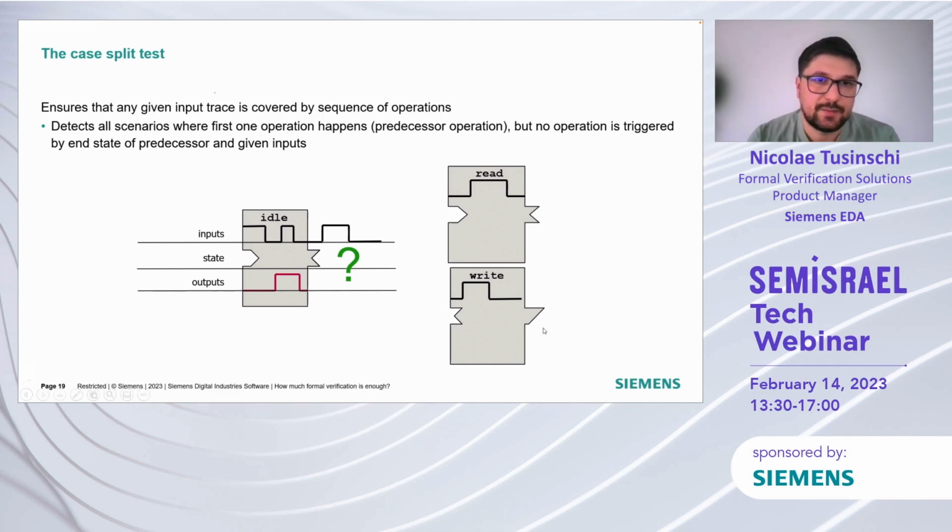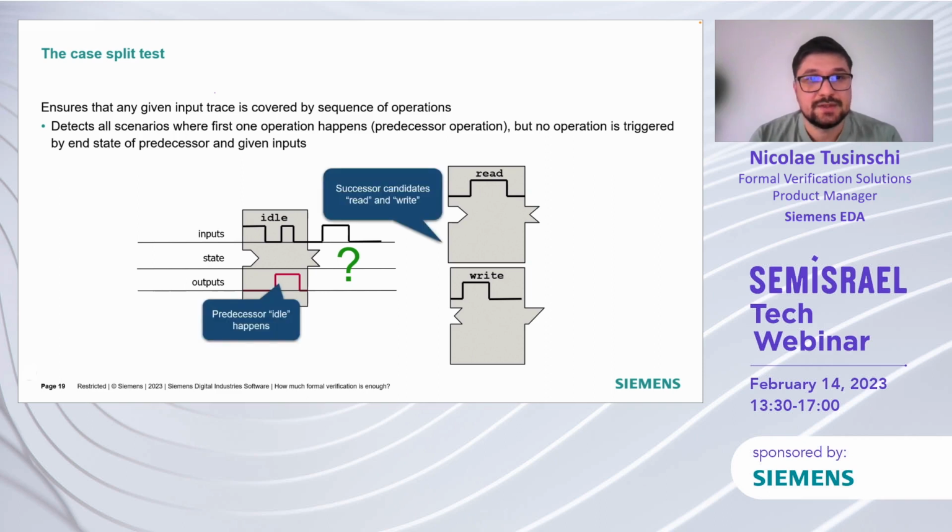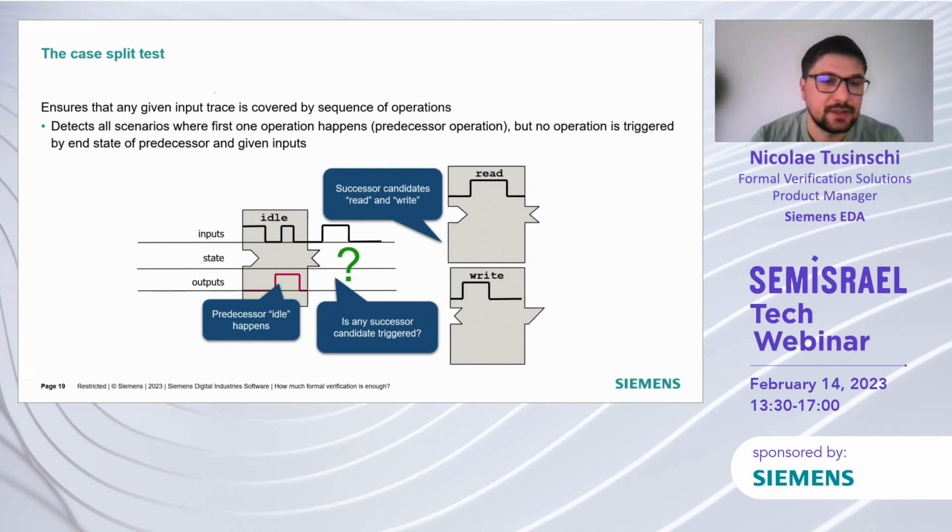So idle is the predecessor, and then we have two potential candidates, read and write, and you can check if there is an operation that can trigger based on the predecessor. So the idle happens, the successor candidates are read and write, and the question that we answer is: is any successor candidate triggered? This is the case split test.